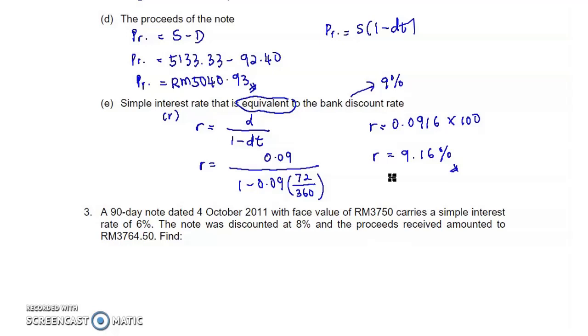But 8% just now will not give the same amount of face value. Although these two interest rates are only slightly different, they are still different. So that is what is meant by the simple interest rate that is equivalent to the bank discount rate.